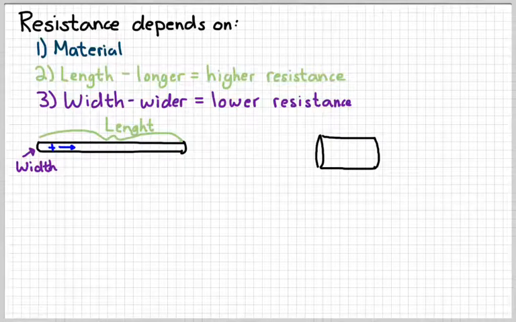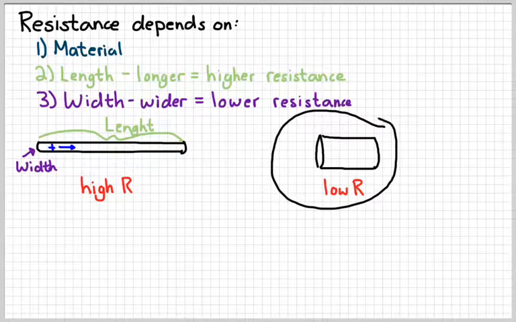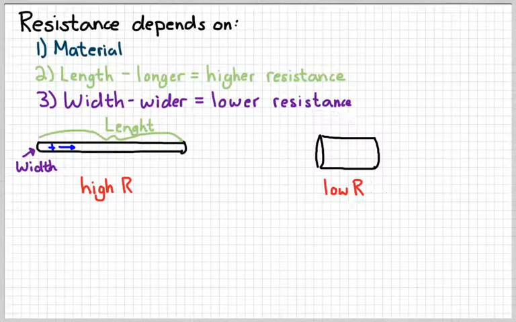Because the picture on the left shows something that's longer and narrower, that picture represents something with a very high resistance, whereas this picture represents something with a very low resistance. So if we want to make wires to transmit electricity efficiently, we would probably choose something more like this to make our wires out of.